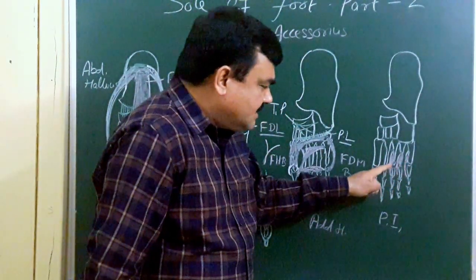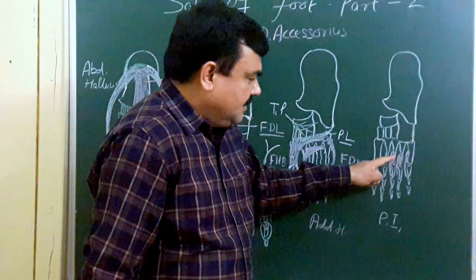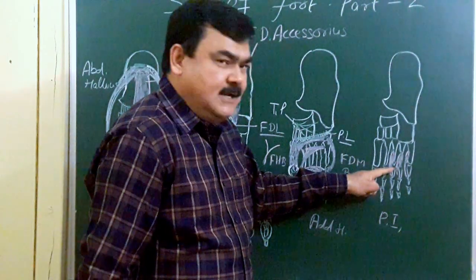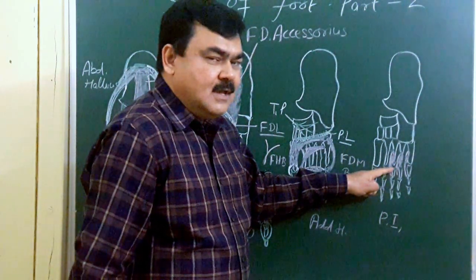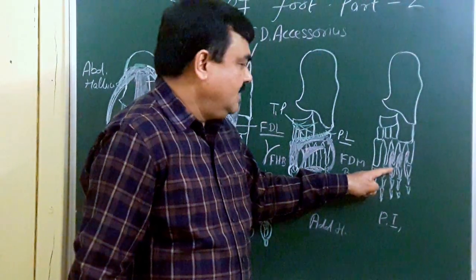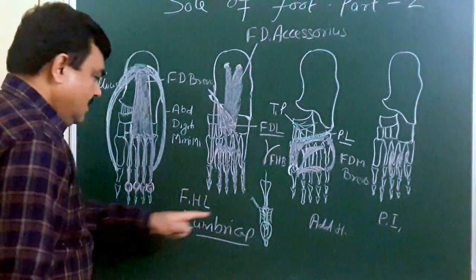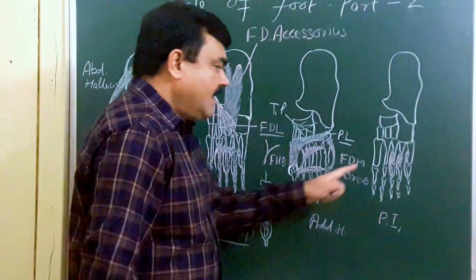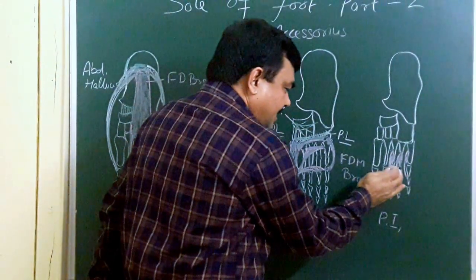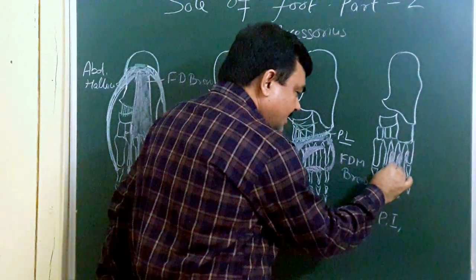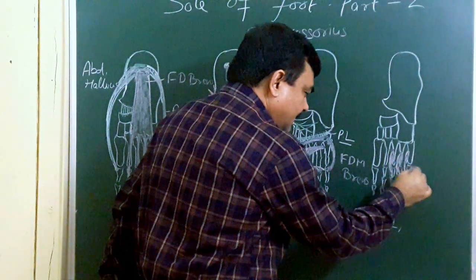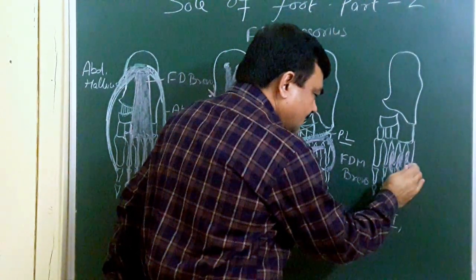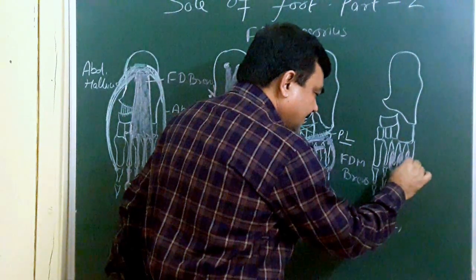These muscles cross the metatarsophalangeal joint, and after crossing this joint, they are inserted on the dorsal digital expansion here, and also on the base of the proximal phalanx.